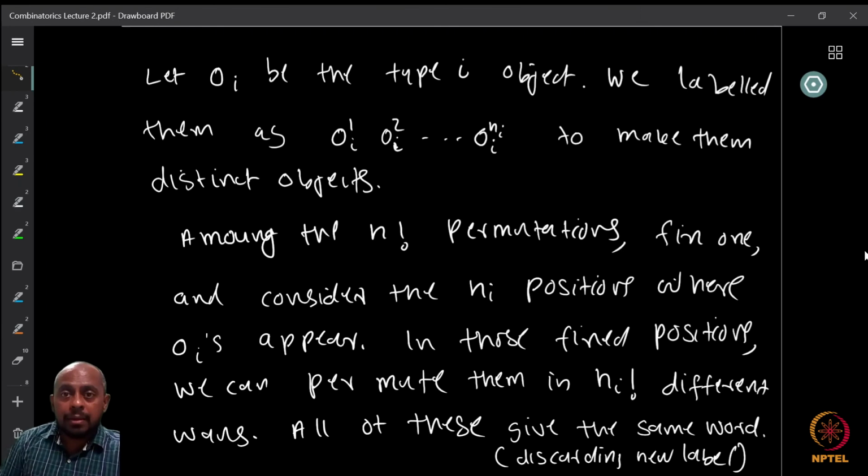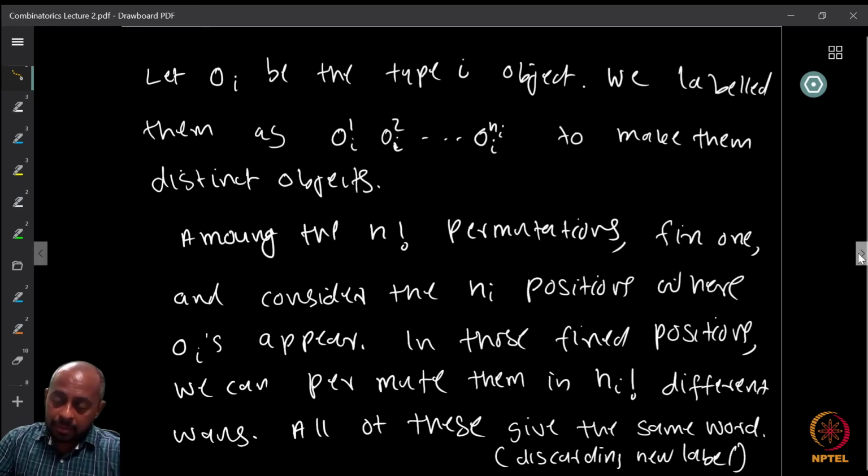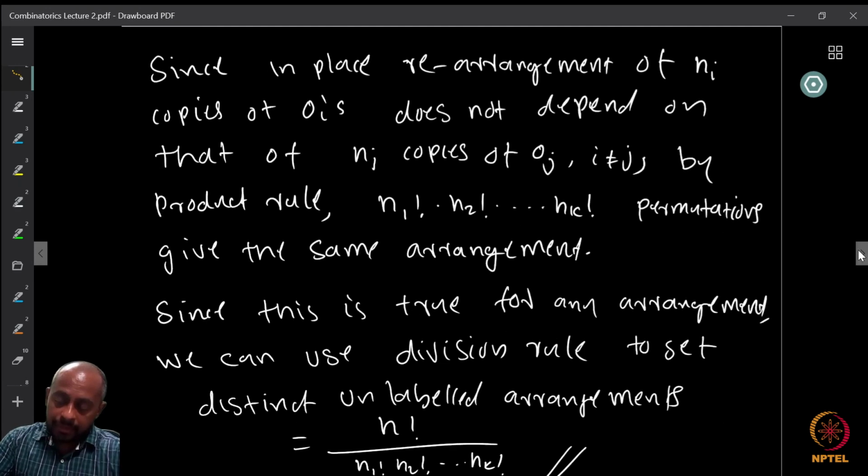They will all lead to the same unlabeled ordering. So ni factorial permutations were giving the same thing. Therefore, the overcounting is a multiple of ni factorial, so I have to discount this using the division principle, by dividing by ni factorial.